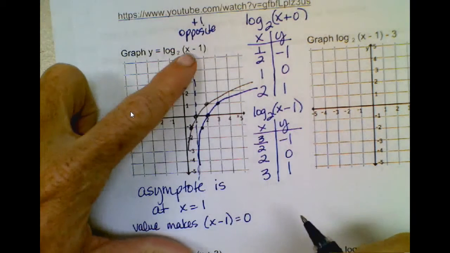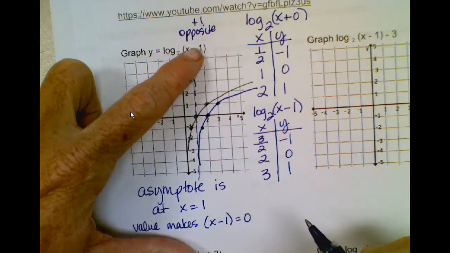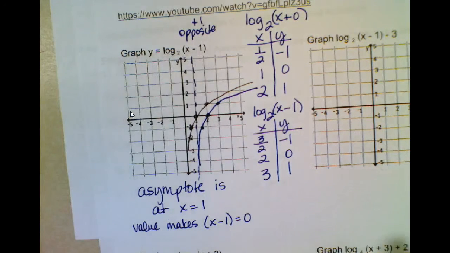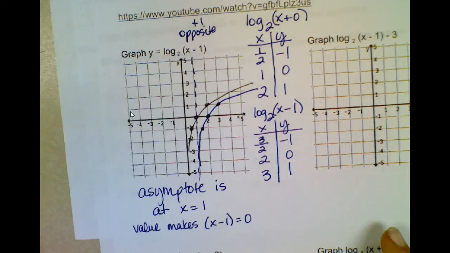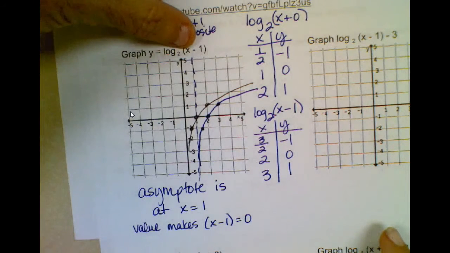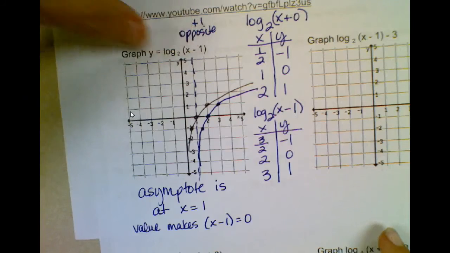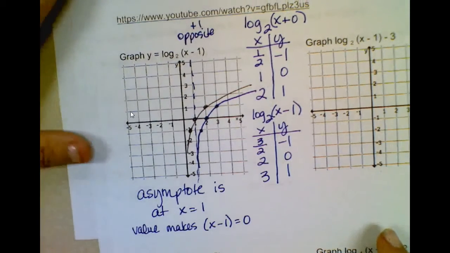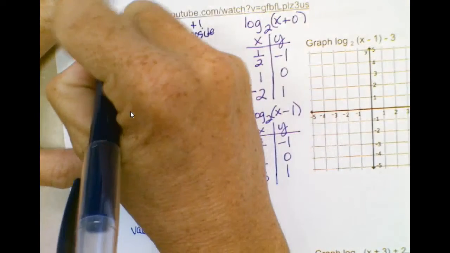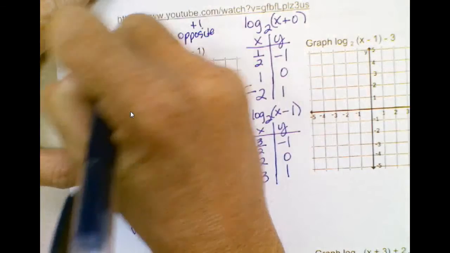So it makes this value here 0. You want to see whatever cancels out that number that you've gotten in there. Okay? So when it's within the parentheses, that's going to shift it horizontally by the opposite. Okay? So shift horizontally.